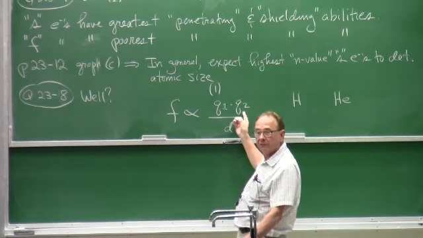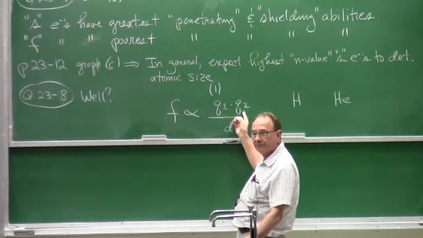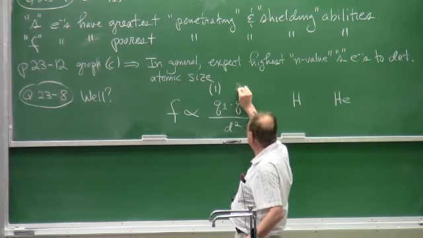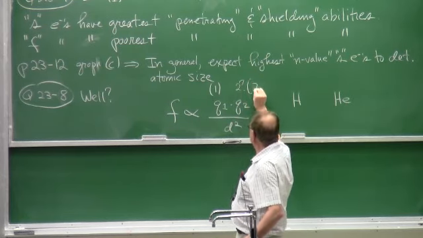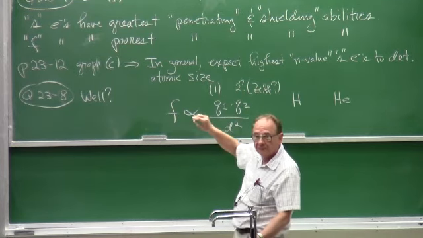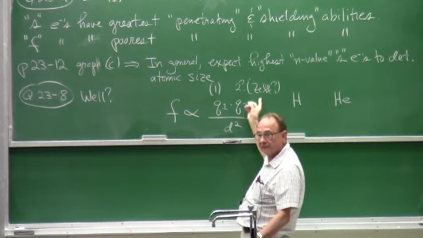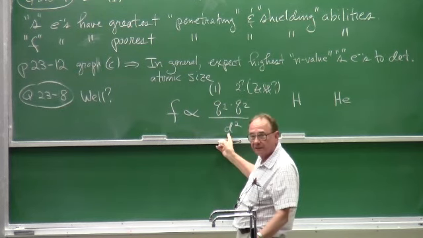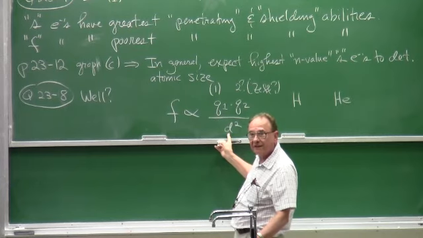What's Q2? Is it 2? Is it Z effective? It's this. What's D? It's the helium radius, quantity squared.